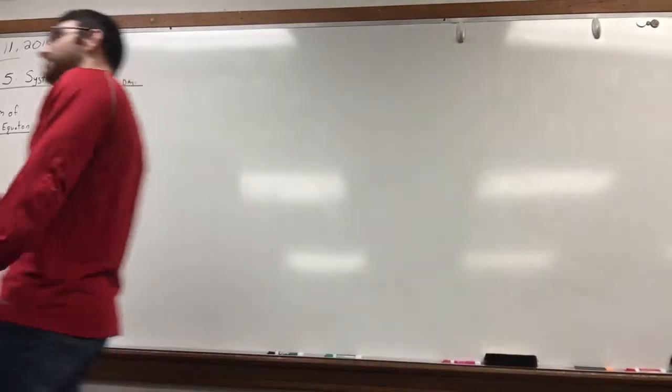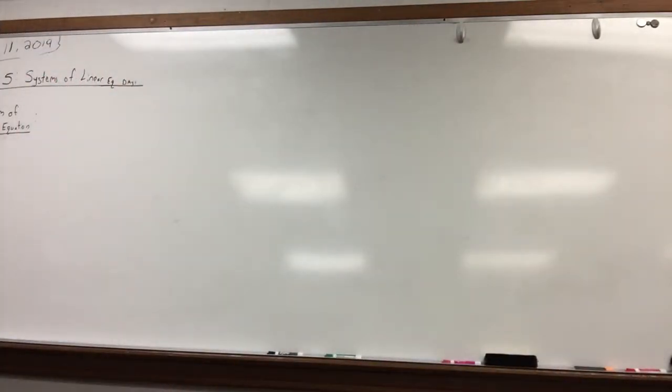So what is a system of linear equations? Well, Evan told me what a linear equation was earlier. It's an equation that forms a line. What kind of line? A straight line.